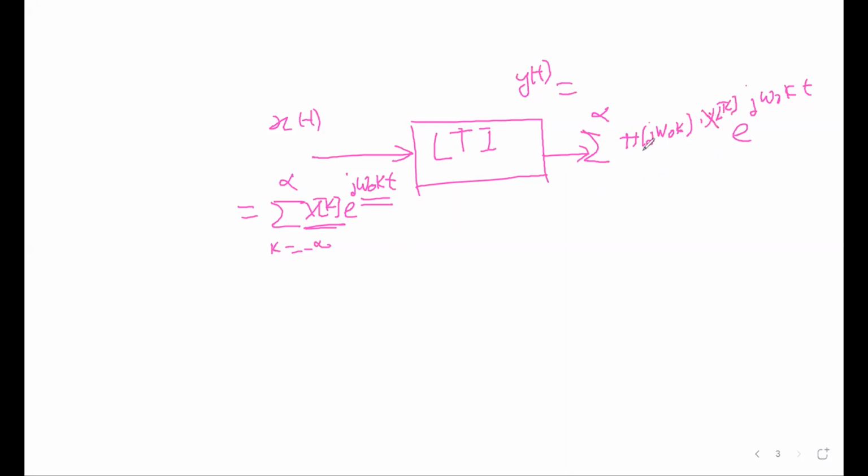Then this quantity is H(j omega 0 k) times xk.